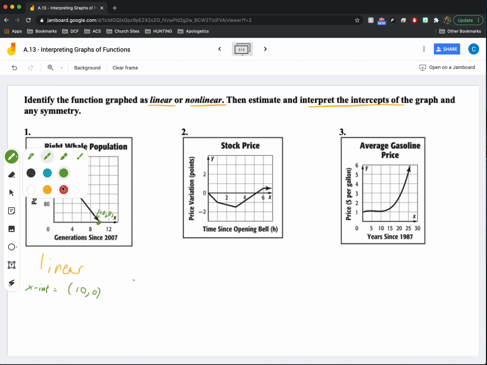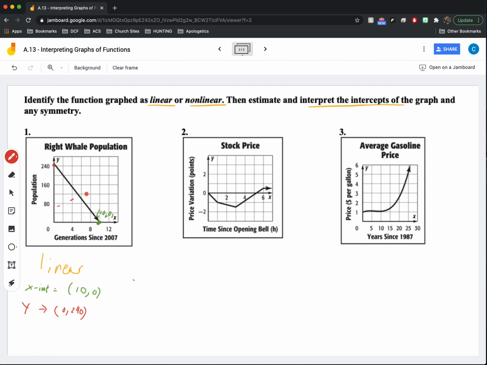My y-intercept is going to be where x is 0 and y is 240. So 0, 240. And then line of symmetry.